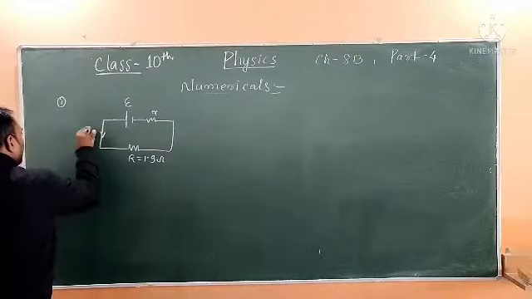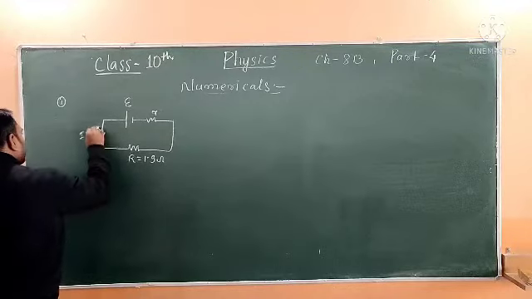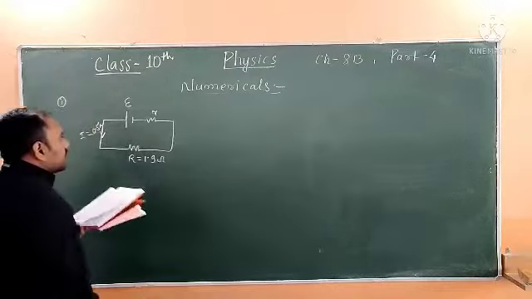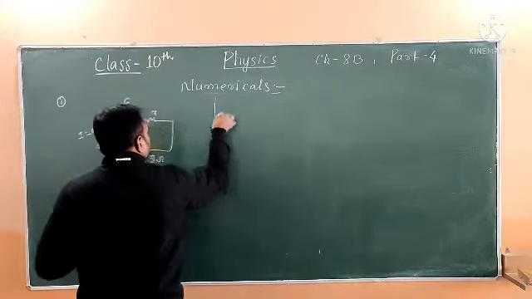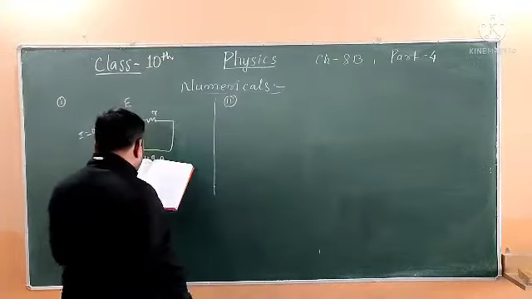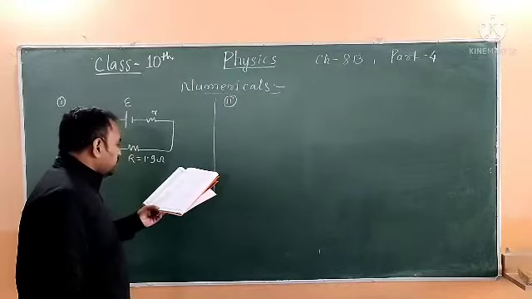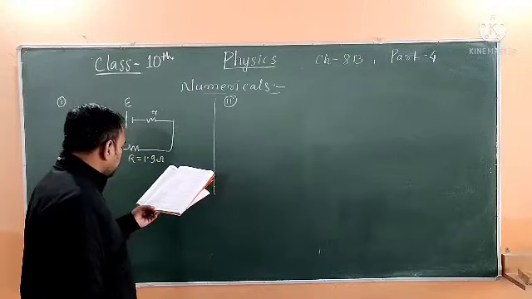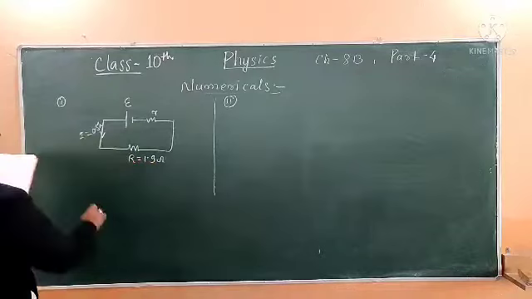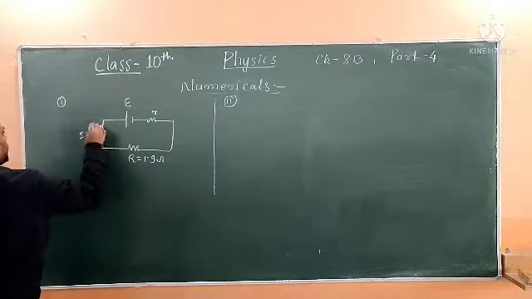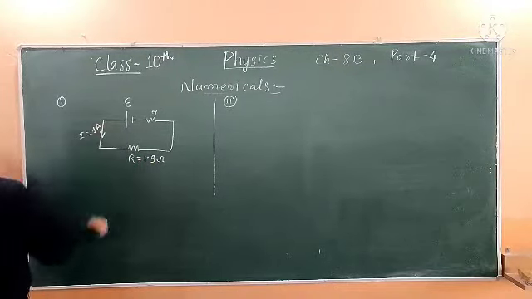The current I going through this resistor is 1 ampere. Okay, in the second case, it is saying it sends a current of 0.5 ampere. Oh, sorry, 1 ampere in the first case.